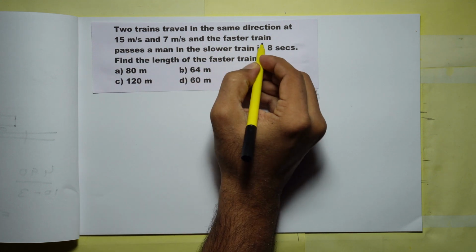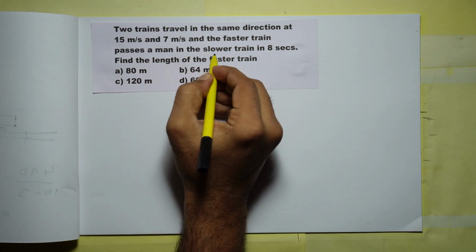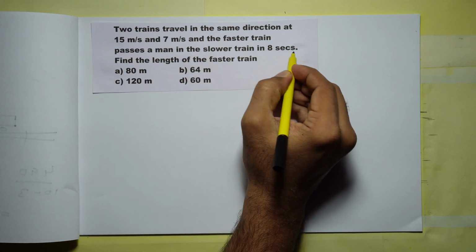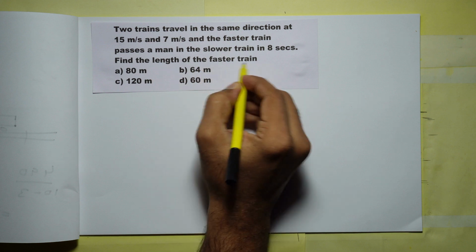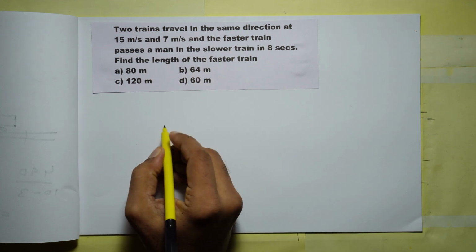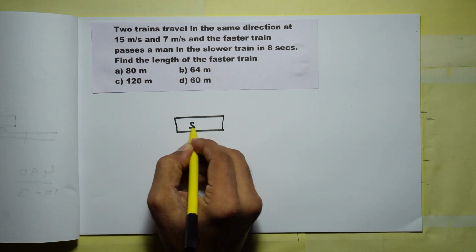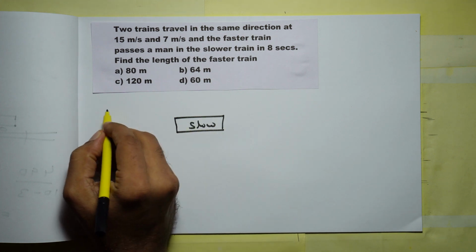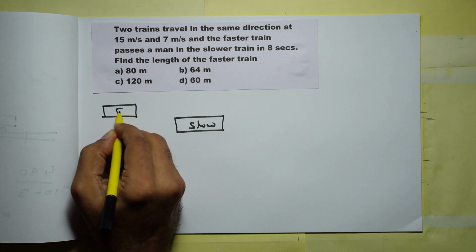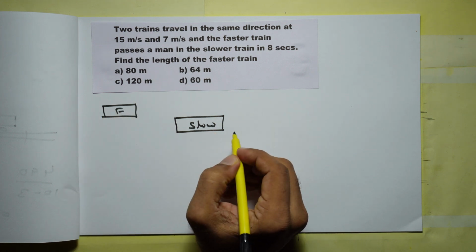Two trains travel in the same direction at 15 meters per second and 7 meters per second, and the faster train passes a man in the slower train in 8 seconds. Find the length of the faster train. So you have a slow train here and a fast train is coming from behind and it is going to overtake this train.